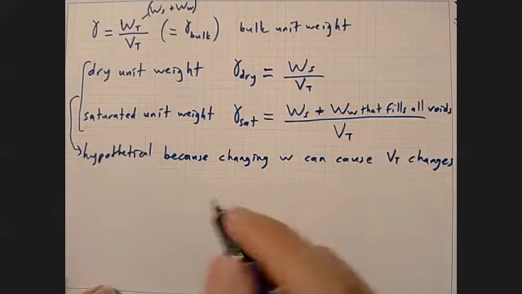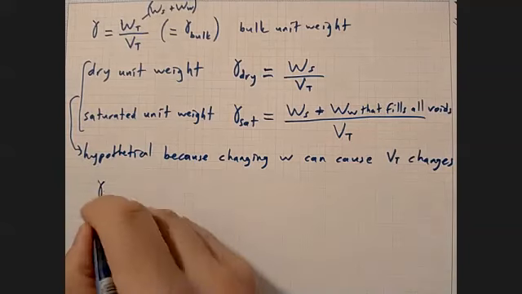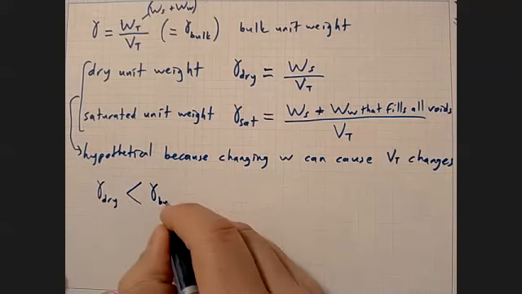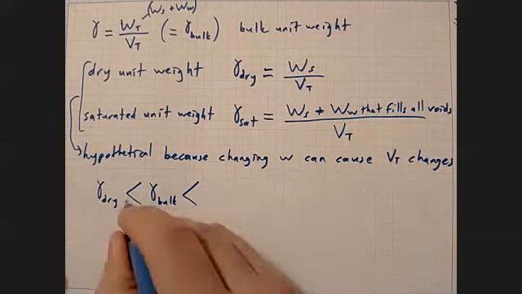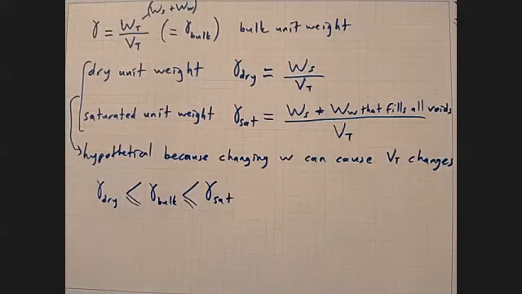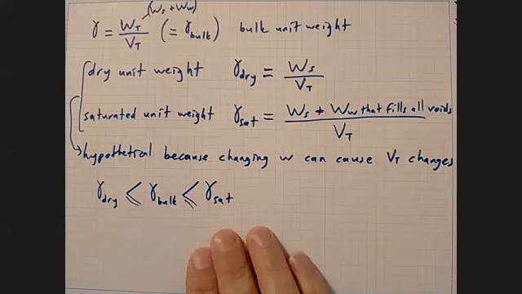And when you consider these, gamma dry and gamma saturated always have to bound any possible value of the bulk unit weight, because with that solid structure, the lightest the soil can possibly be would be in its dry form, and the heaviest it can possibly be would be in its saturated form. So it's always like this.